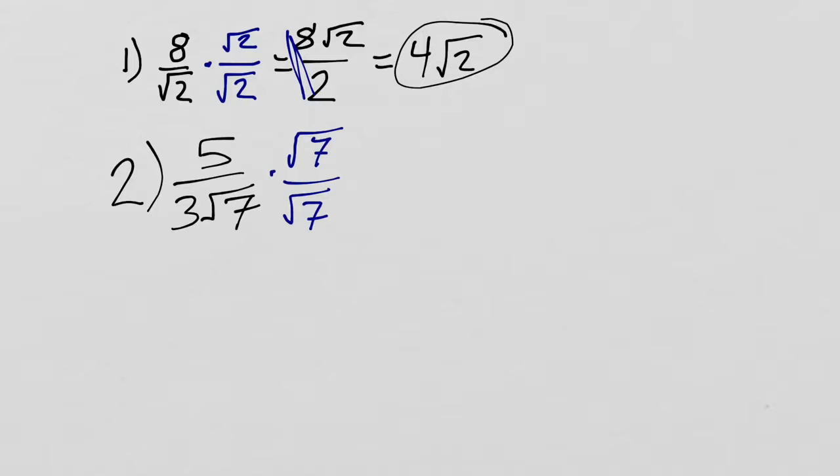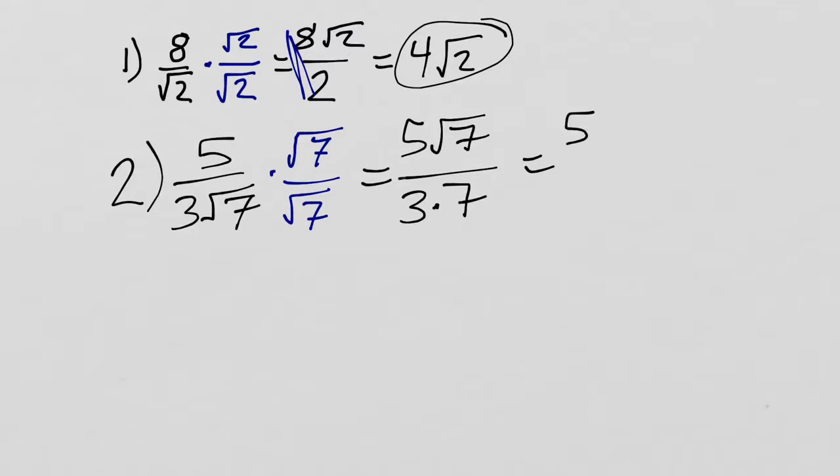What that means is the top is going to end up being 5 times the square root of 7, but the bottom is going to be just 3 times 7, because the square root of 7 times the square root of 7 is just 7. So you're going to end up with 5 square root of 7 over 3 times 7, and the other way to think of that is 5 square root of 7 over 21.